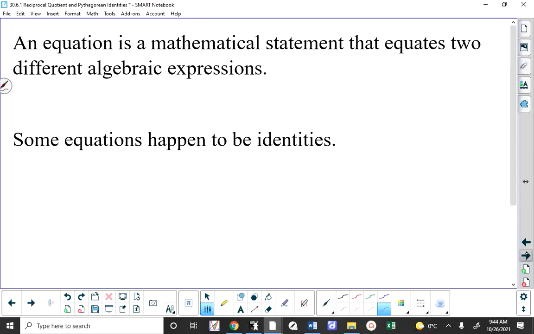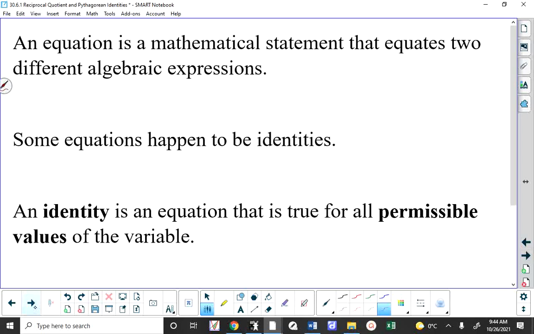But in the set of all birds, there's a subset of birds which are called chickens. Chickens are types of birds. Identities are types of equations. Every identity is an equation, just like every chicken is a bird. But not all birds are chickens, and not all equations are identities. Does that analogy kind of, you follow that?